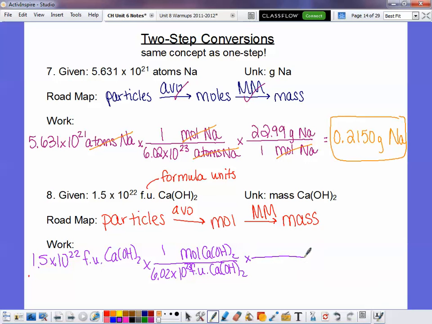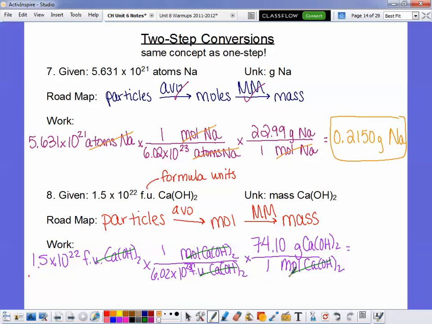And then our second step is going to look like what? Mass over moles. What unit is our mass in? Because mass is the type of measurement, but we measure mass in what unit? Grams. What goes with moles? 1. And what is the molar mass of CaOH2? 74.10. All right, and at this point we've canceled, formula units cancel, moles cancel, and we're left with grams.